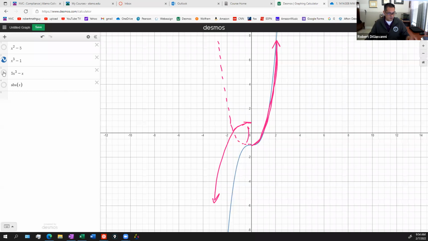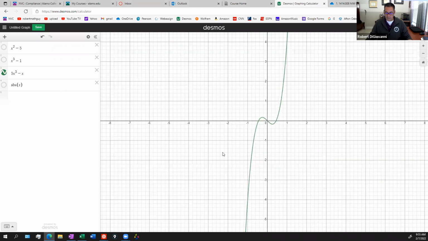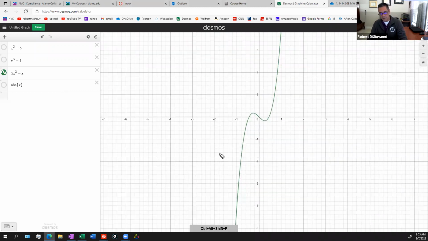And then the third one, which you did on your own, is this one. That is odd. Because if you reflect this piece over the x, you get this. And then over the y, the bottom part comes up top and the part that's up here on top left comes down.